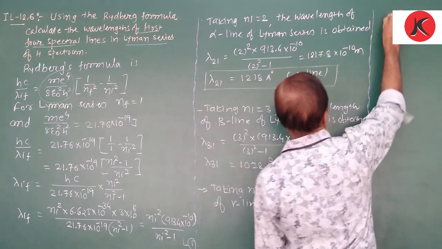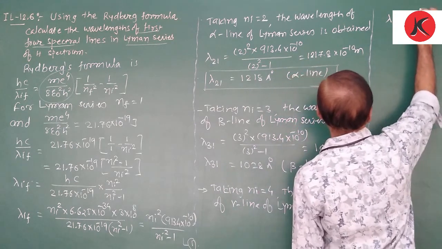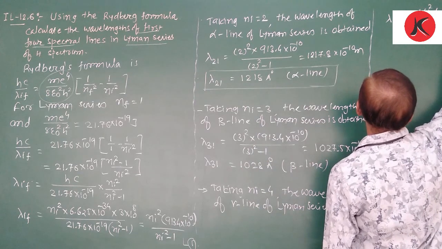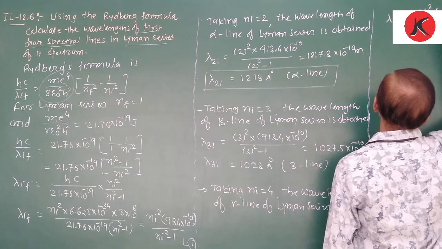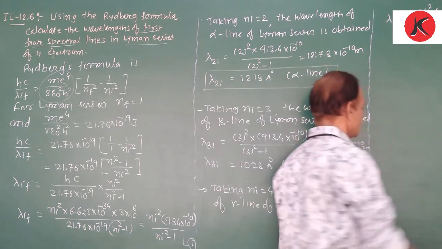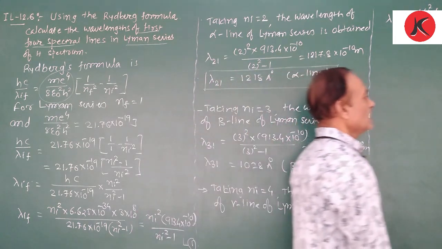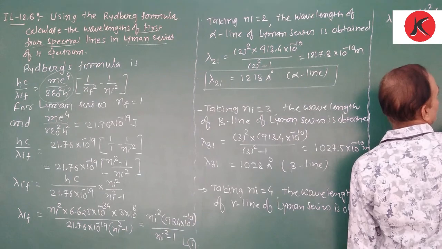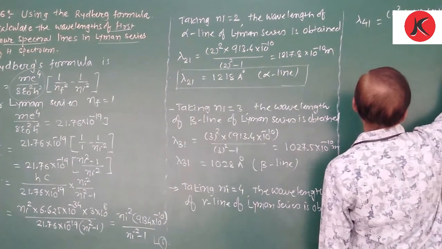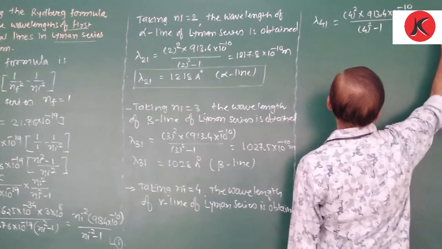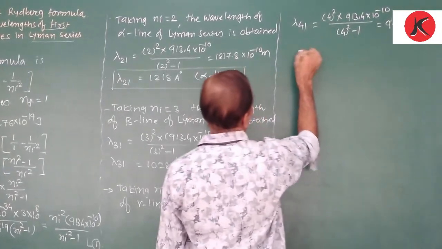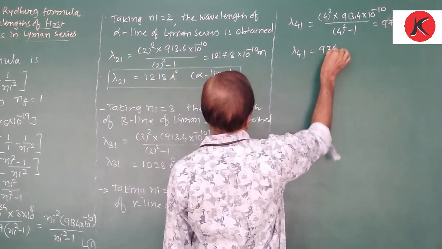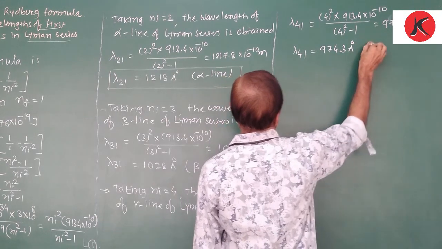Therefore, lambda 41 is equal to 4 square into 913.4 into 10 raised to minus 10 upon 4 square minus 1. As we simplify, we obtain the answer 974.29 into 10 raised to minus 10 meter. Therefore, lambda 41, the wavelength of the gamma line, is 974.3 angstrom.